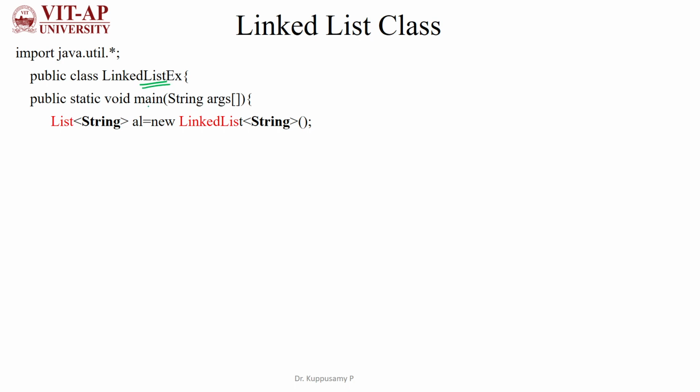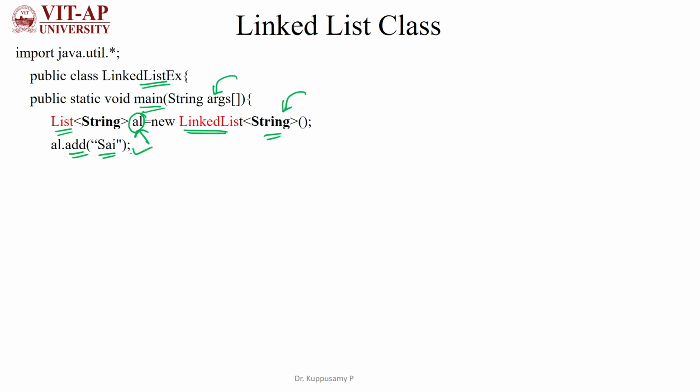Here I am giving an example. In the LinkedListEx main method, which receives command line arguments, the linked list class is used to create the object al, which is implementing the list interface. The object belongs to the String data type, which is a wrapper class data type, and here I am adding String data into the object we have created, al.